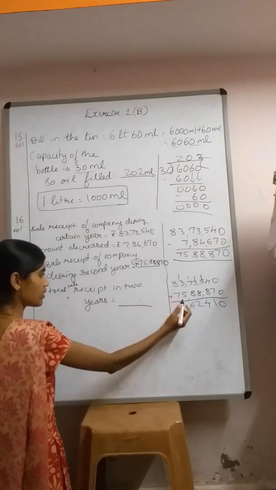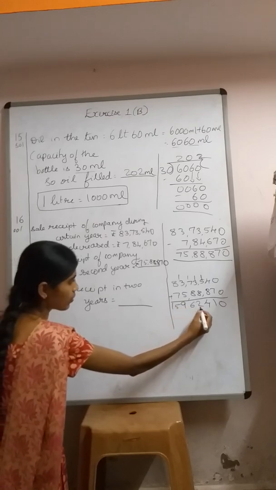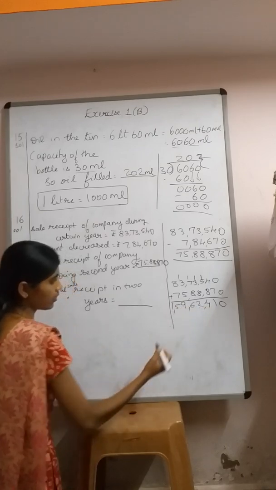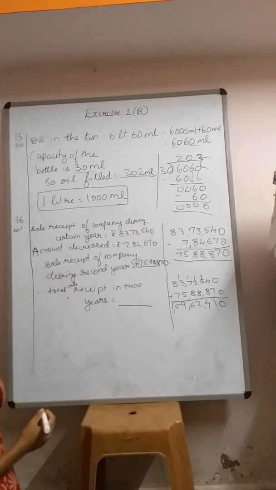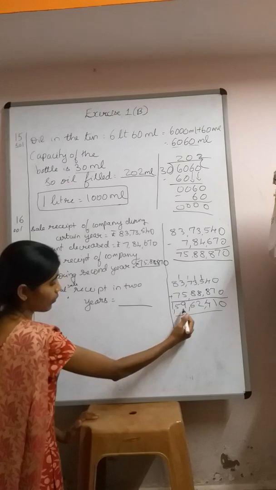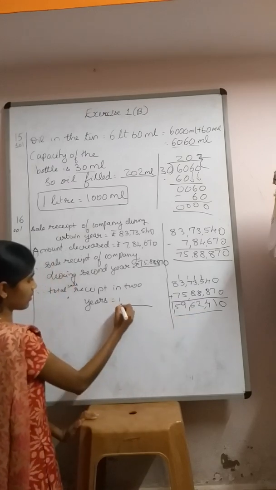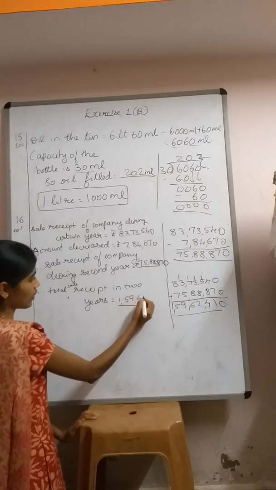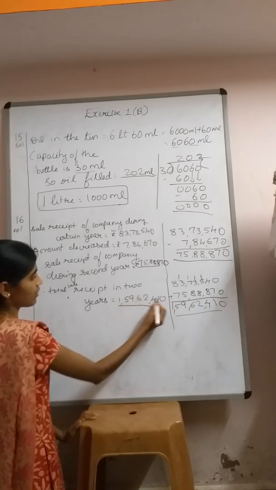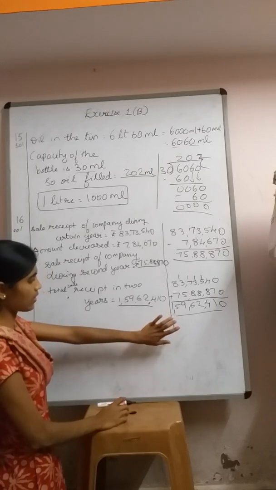Let us see. So the answer what we obtain is 1 lakh. No, that is okay. I think this is only the correct answer. 1 crore 59 lakh 62,410. No, I was just in a diplomatic mode. Then it is right. This answer is correct.